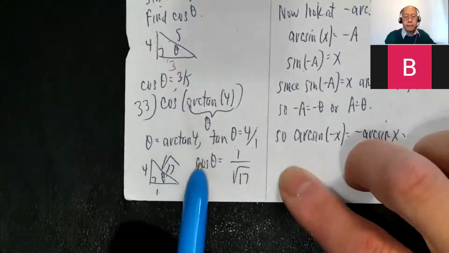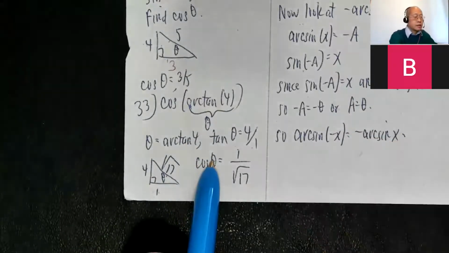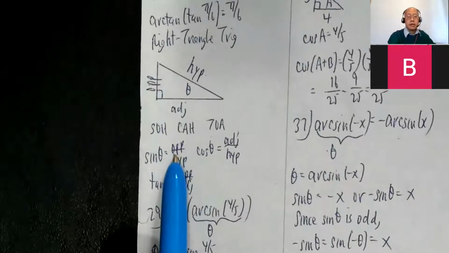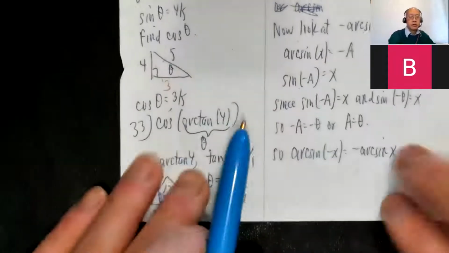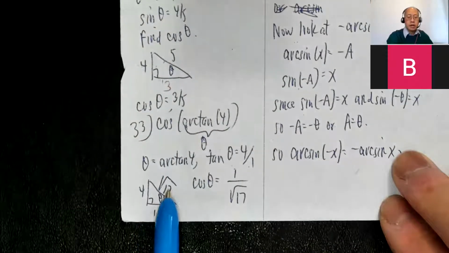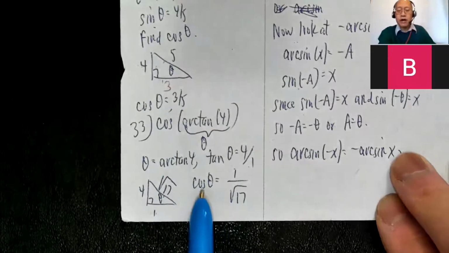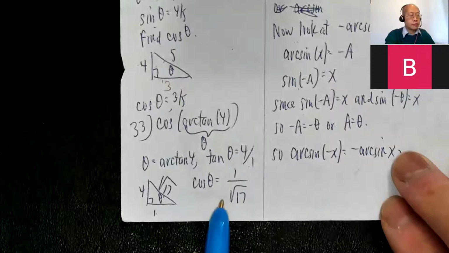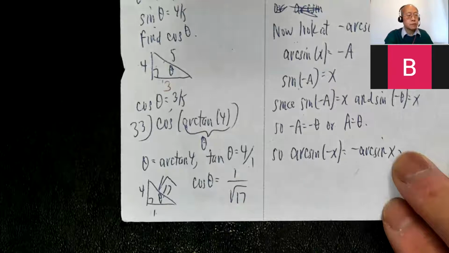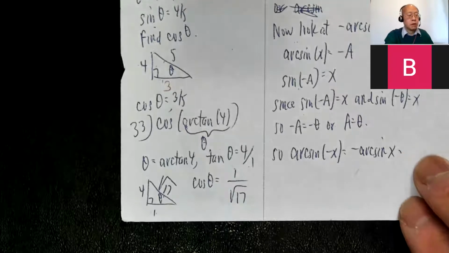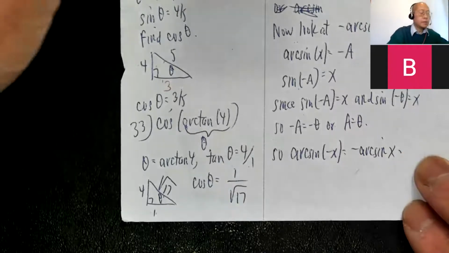And I want cosine. So cosine of theta is adjacent over hypotenuse. So adjacent is 1. Hypotenuse is radical 17. So final answer, cosine of theta is 1 over radical 17. Okay. All right, so that's that.